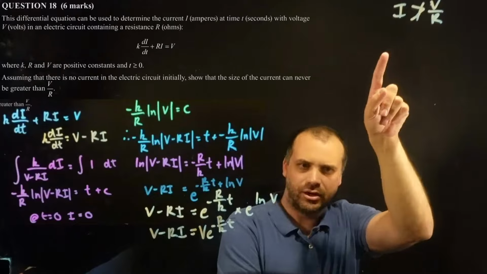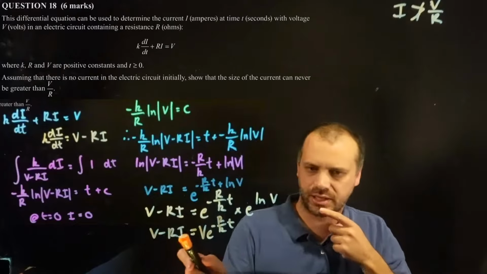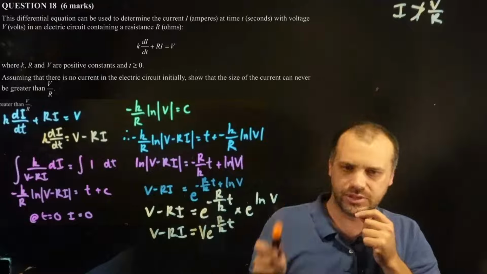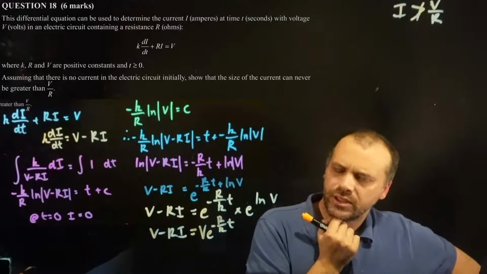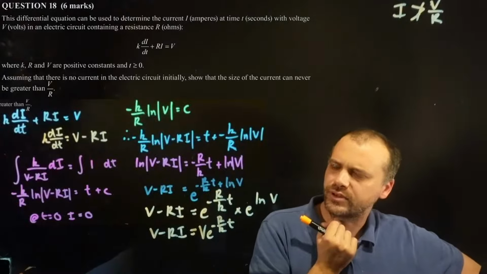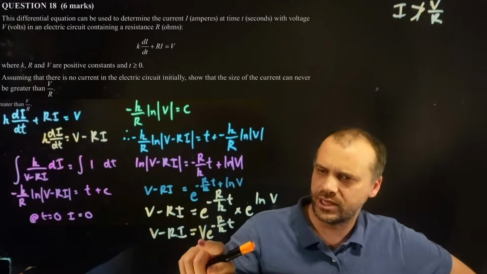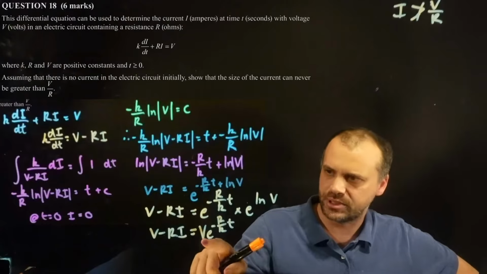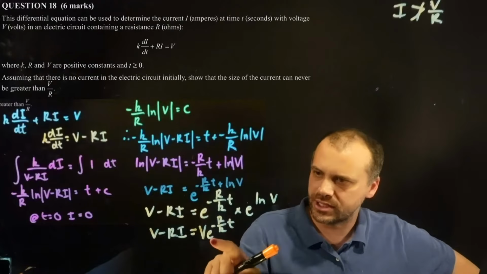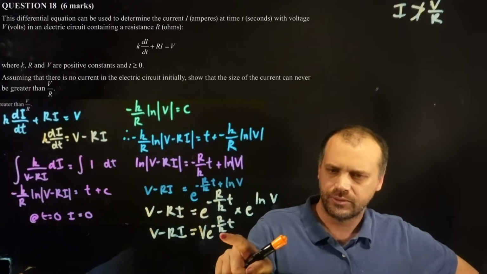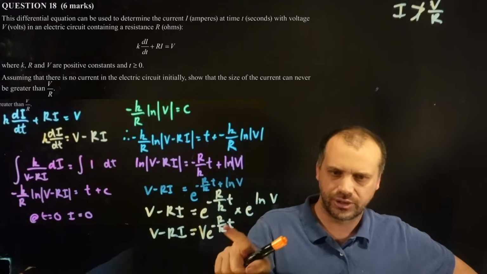Right, so I've got i, v and r here, and now I'm starting to think about what's going on. Okay, what do I have? I have a number, like the number 5 or whatever it happens to be, and then e to the power of something, like an exponential function. What does an exponential function like that look like?